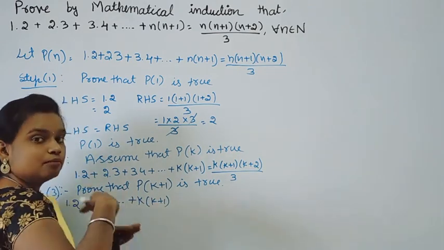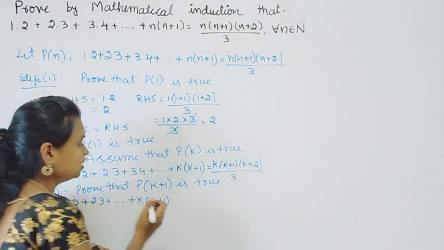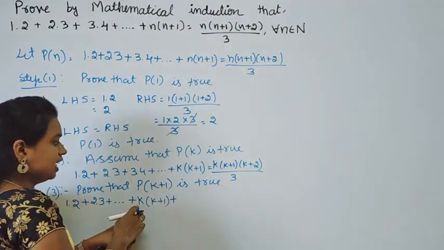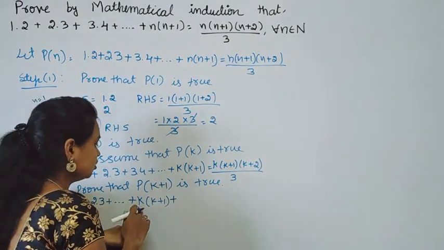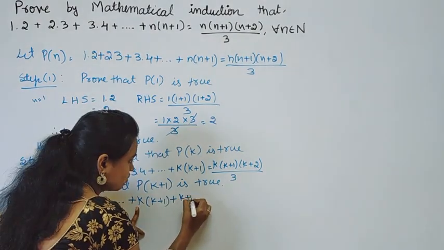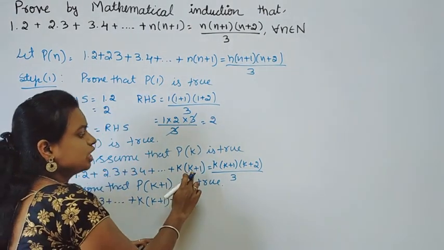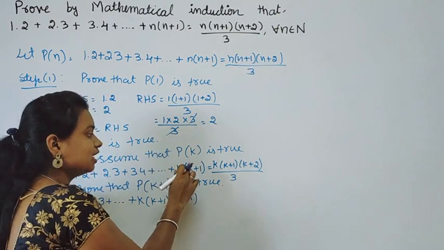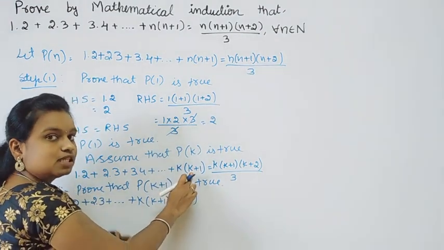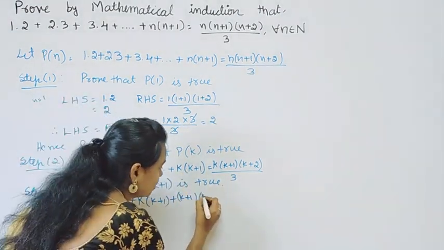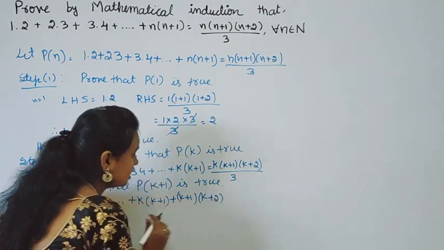We want the next term, the k plus 1th term: put k as k plus 1, so it becomes k plus 1 into k plus 2. This is the next term.